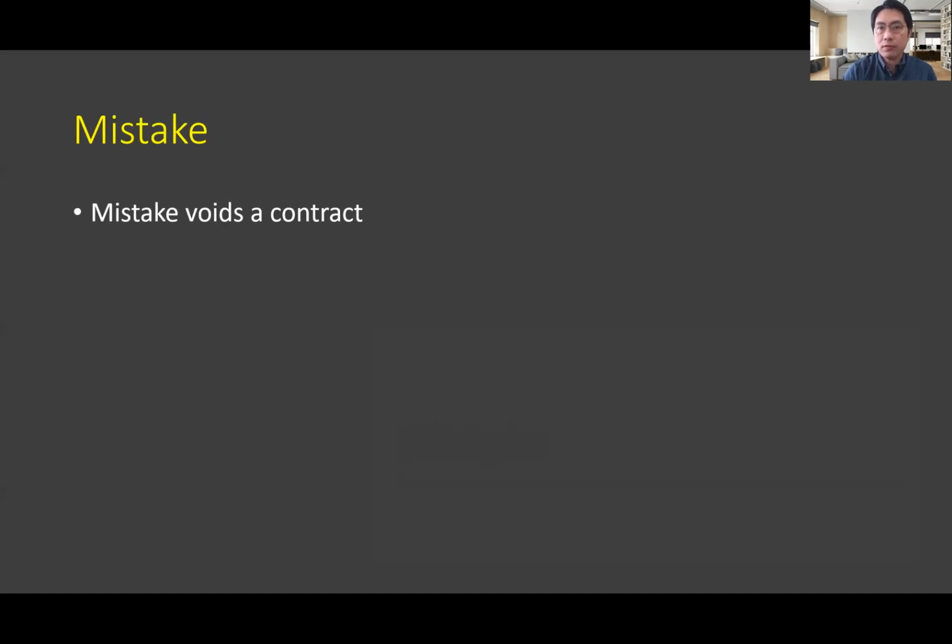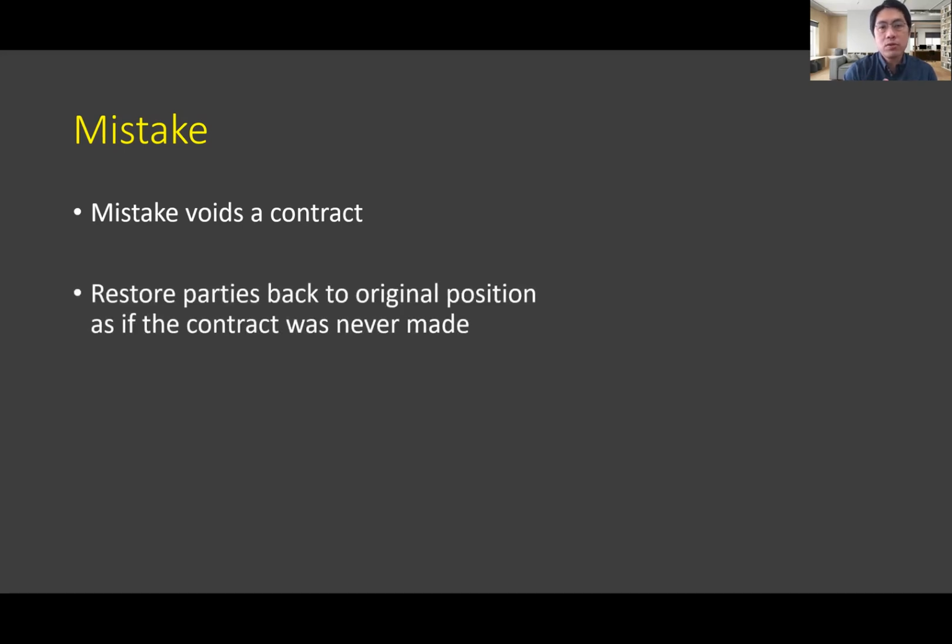In other words, it is not just that because of mistake a contract is not valid. Rather, because of mistake, the contract was never valid at all from the beginning, hence the use of the word void. Practically speaking, the contracting parties will then be put back to their original positions as if the contract was never made.